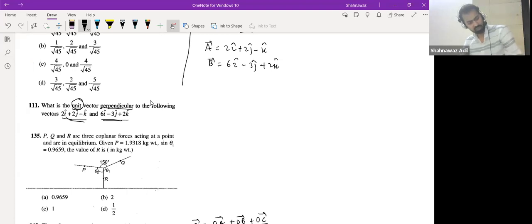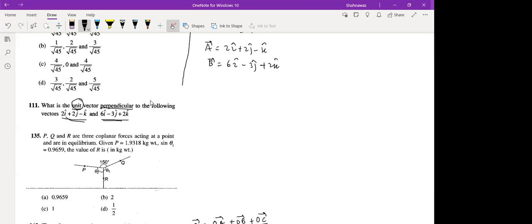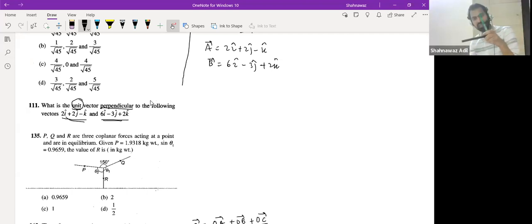We have two vectors, and how do we calculate another vector which is perpendicular to this one and perpendicular to this one? Any idea?